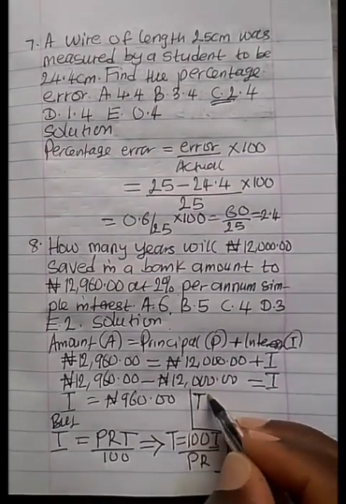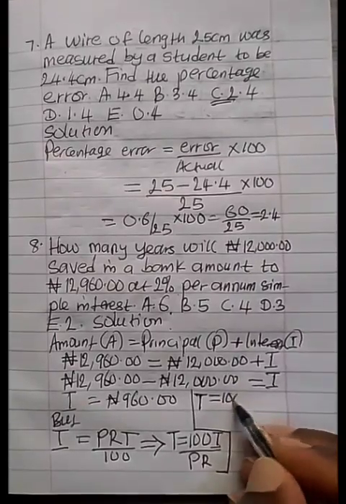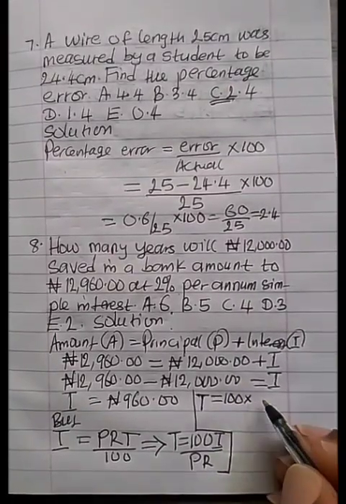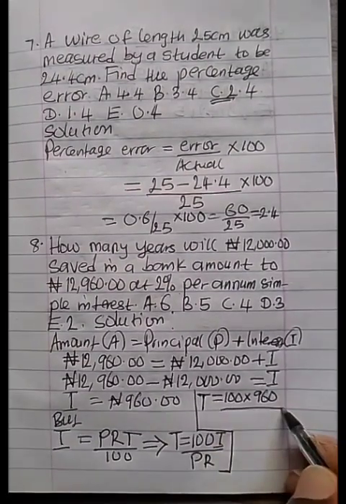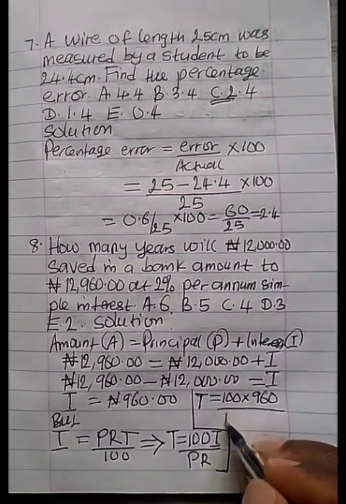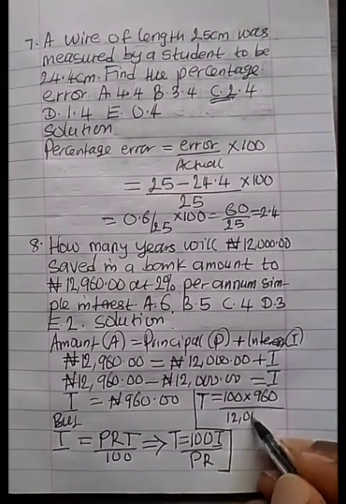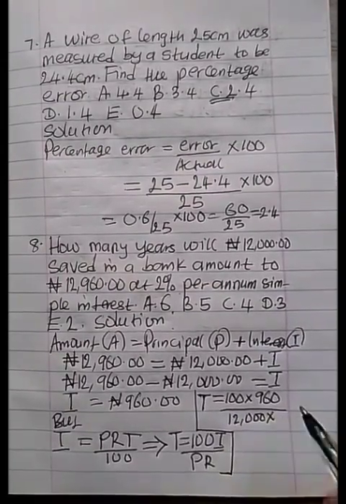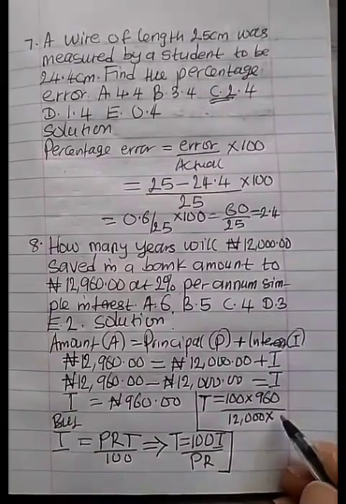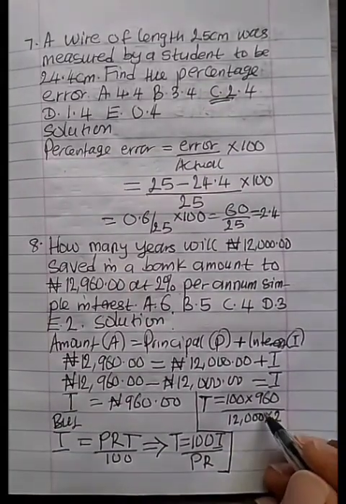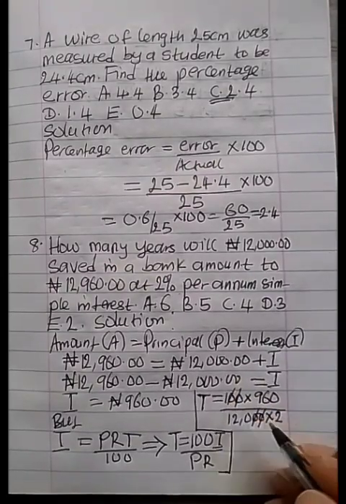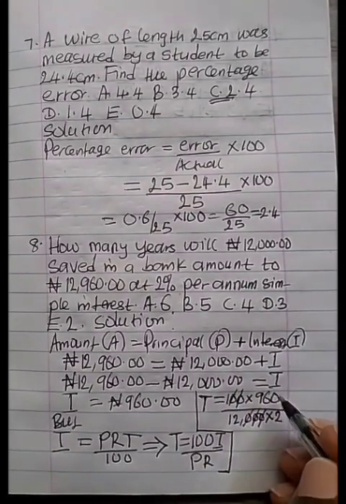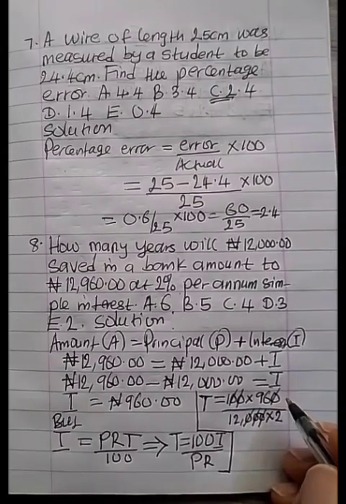So time is equal to 100, the interest is 960, all over the principal 12,000 and the rate 2%. We cancel the zeros.